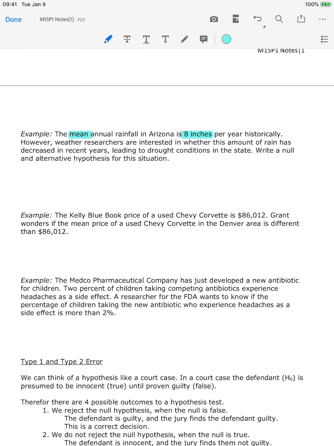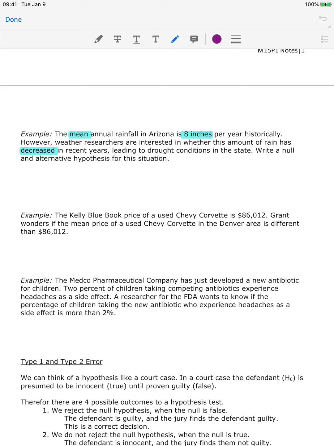So historical research has said that the mean annual rainfall is 8 inches. However, weather researchers are interested in whether this amount of rain has decreased in recent years. So decreased is the key word to tell us whether we're doing a left, right, or two-tailed test. And that is all the information that we need in order to set up this hypothesis.